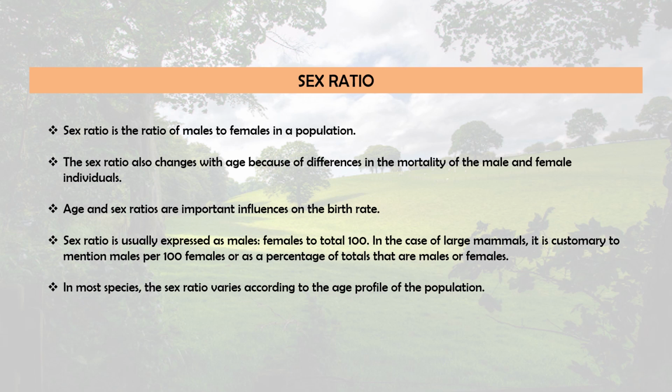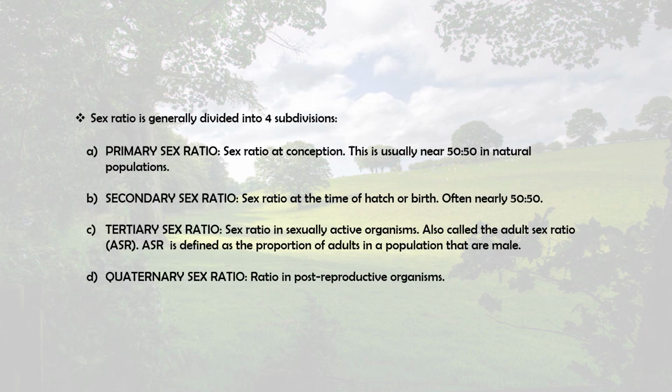In most species, the sex ratio varies according to the age profile of the population, and it is generally divided into four subdivisions: primary sex ratio, secondary sex ratio, tertiary sex ratio, and quaternary sex ratio. The first one, primary sex ratio, means the sex ratio at the time of conception, the point at which the sperm fertilizes the eggs.